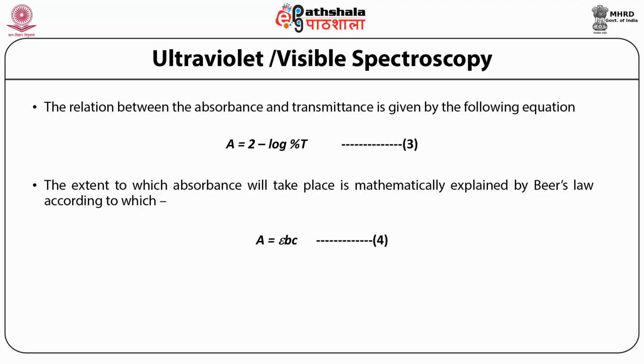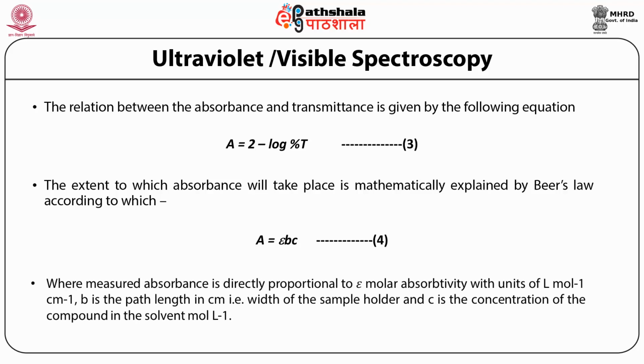This is equation 4, where measured absorbance is directly proportional to the molar absorptivity epsilon with units of L mole^-1 cm^-1. b is the path length in centimeter, that is the width of the sample holder, and c is the concentration of the compound in the solvent, that is moles per liter.